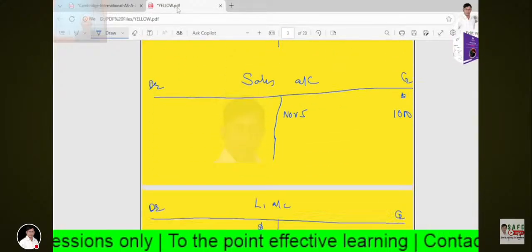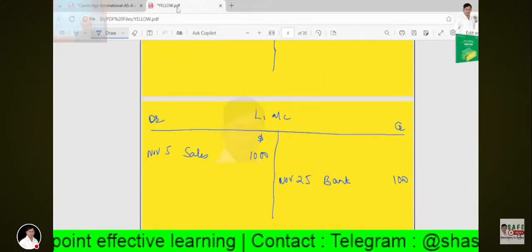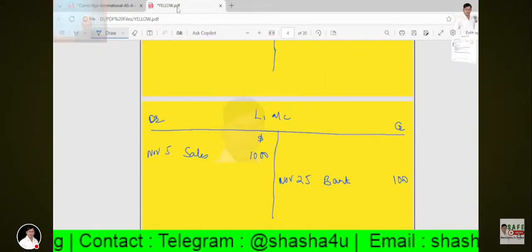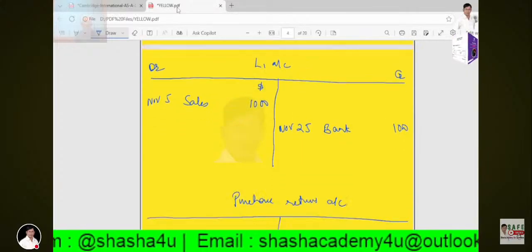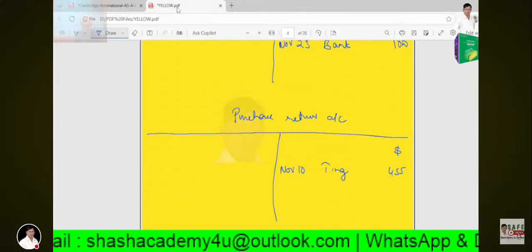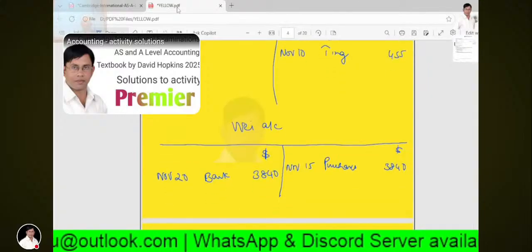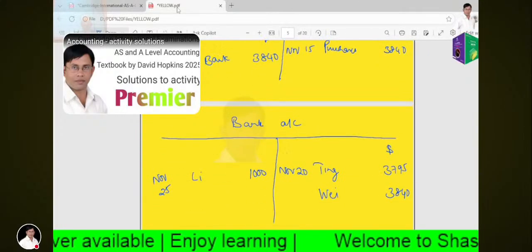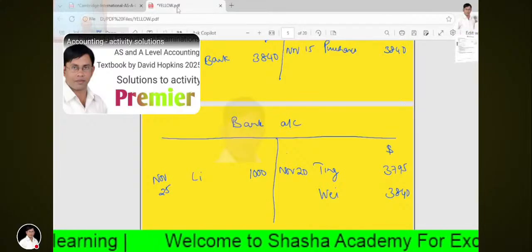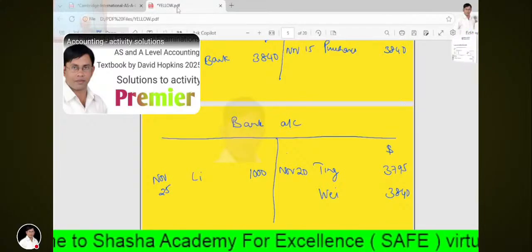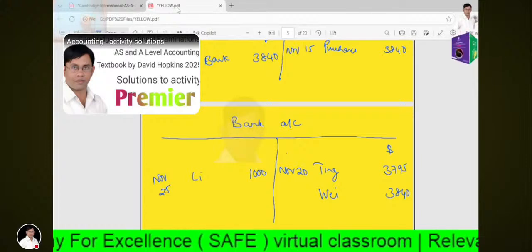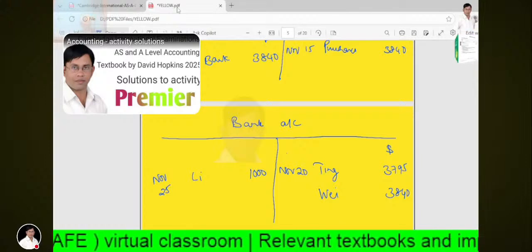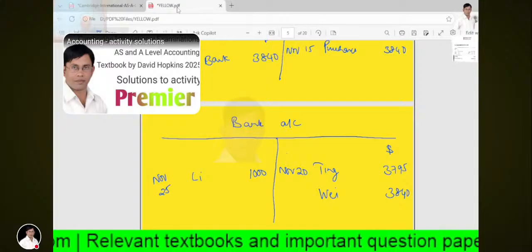Lee account is debited and credited because we have sold and we have also received. Next, purchase returns 455. Bank account, we have paid, we have received. So that is the end. Activity 2.2 is done.